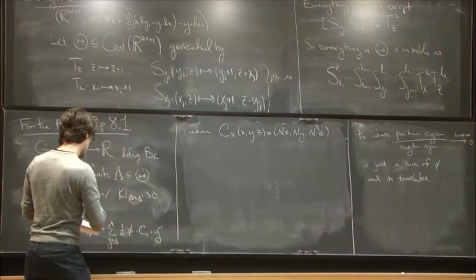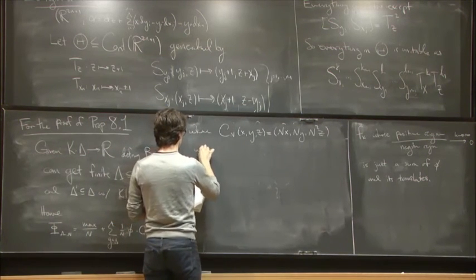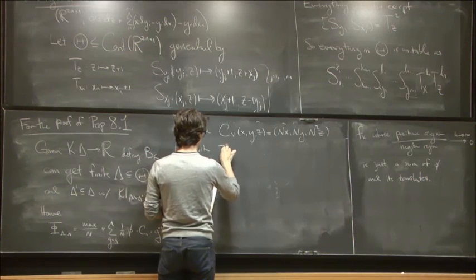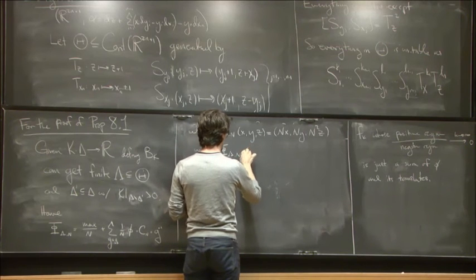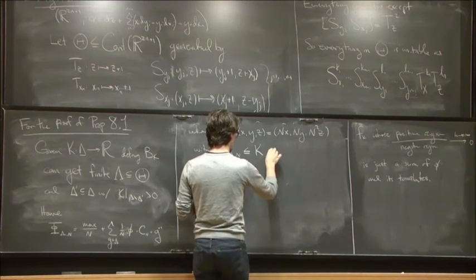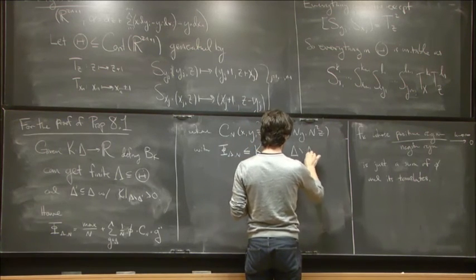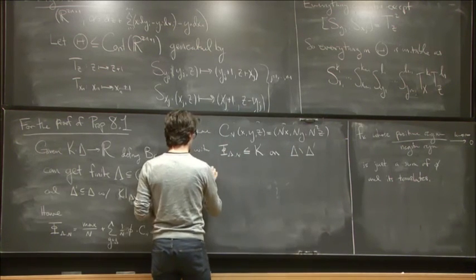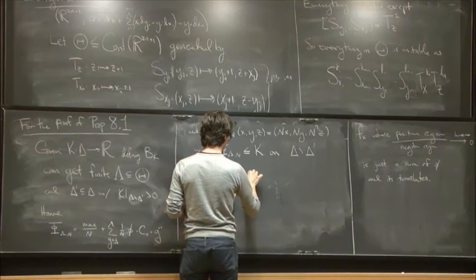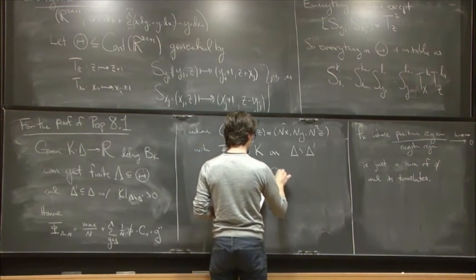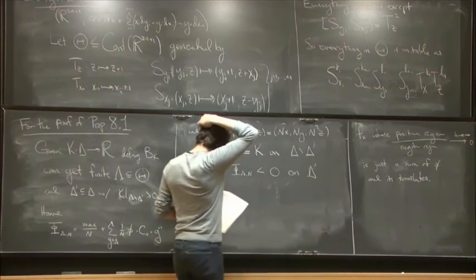So you can have this function with c less than or equal to k near the boundary, and phi lambda n to be less than 0 on delta prime.